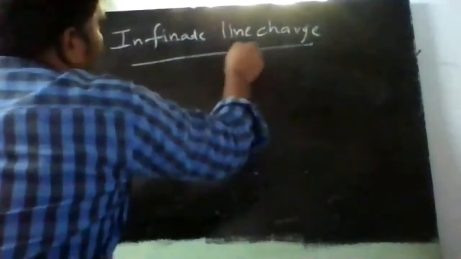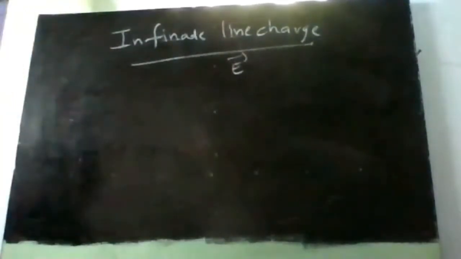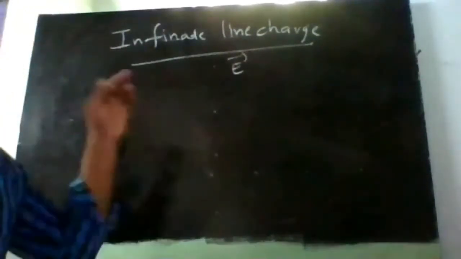So let us see how we can apply this. I will take the first example as infinite line charge. Already using Coulomb's law, we have calculated the expression of E bar, the electric field intensity due to infinite line charge.